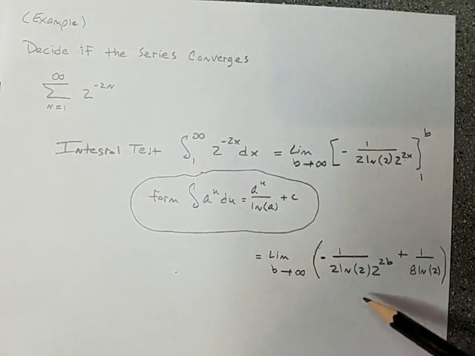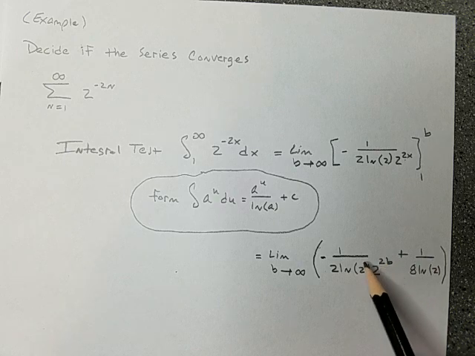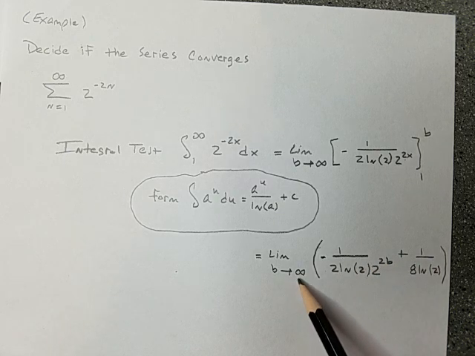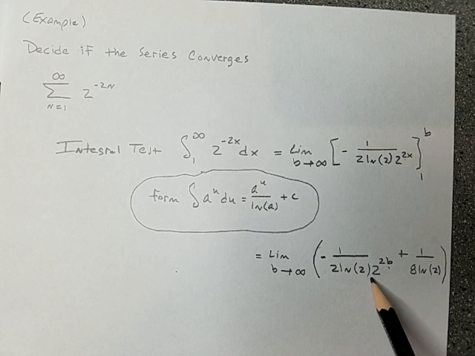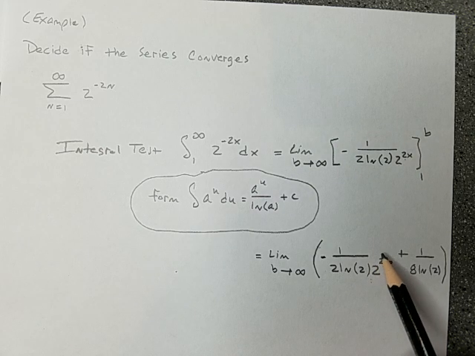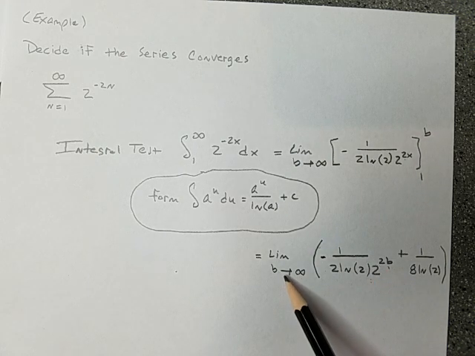I substituted the bounds. Now take a look at this right here. What happens to that as b goes to infinity? You see that exponent, 2 times b, is going to go to infinity. And 2 to that power, I mean, imagine taking the number 2 and raising it to powers that are getting bigger and bigger out to infinity.